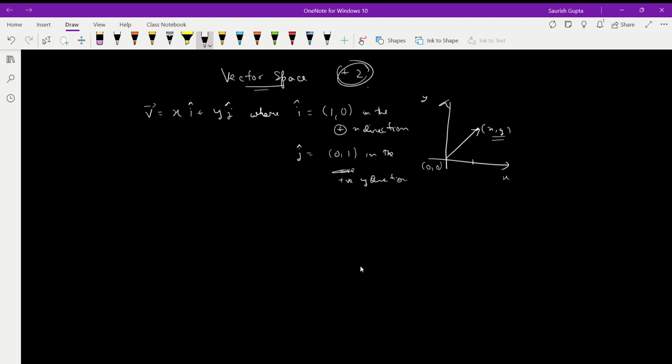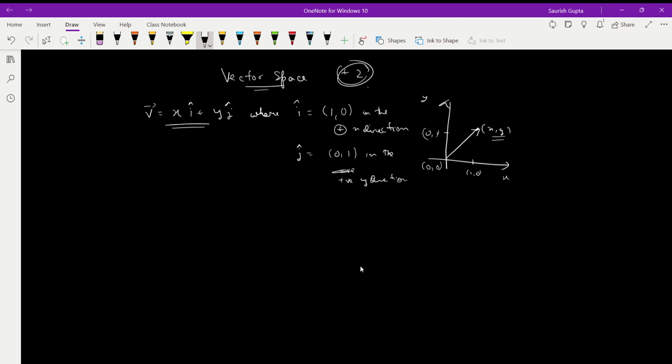So suppose this is the point (1, 0) and this is the point (0, 1). These are the very basic mathematical concepts related to what vectors are typically on a physical plane.